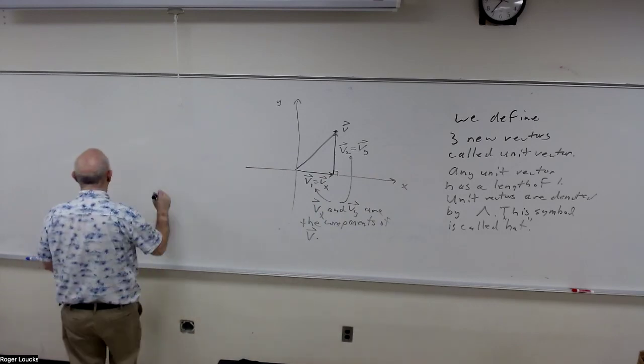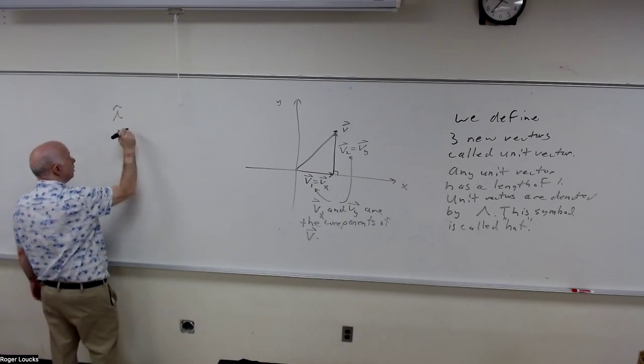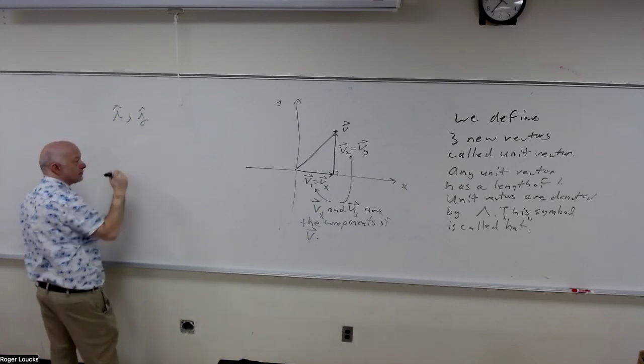So we're going to have three vectors here. Our first unit vector is going to be i hat. The second unit vector is going to be called j hat.